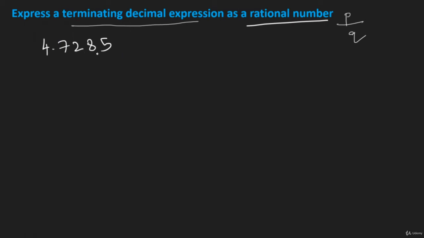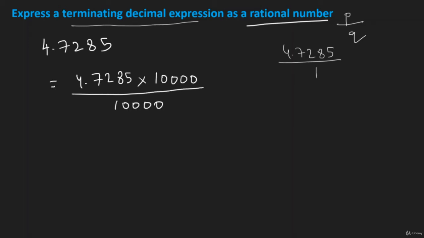So 4.7285 is the same as 4.7285 divided by 1, right? Now let me multiply the numerator and denominator with 10,000. So I get 4.7285 into 10,000 divided by 10,000.